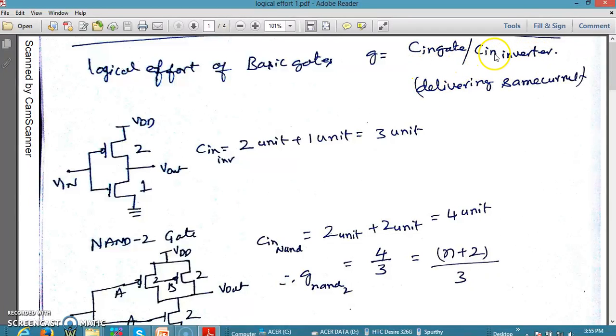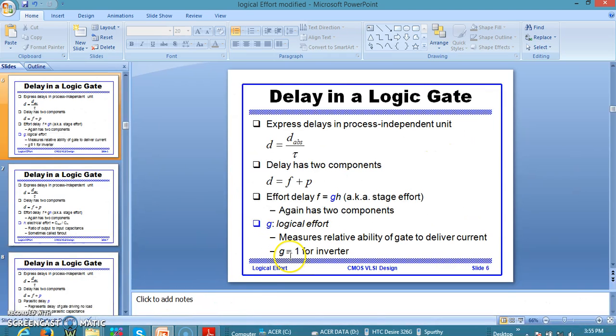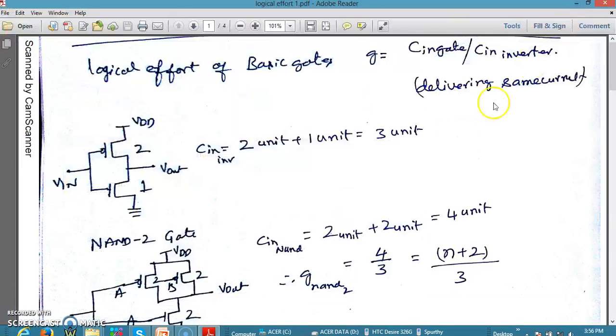We know that the capacitance at the input of the inverter is 3, and since we are finding the G of the inverter itself, it is 3 by 3. So that's why G happens to be 1 here, as we said in the slide. So G for an inverter is equal to 1.